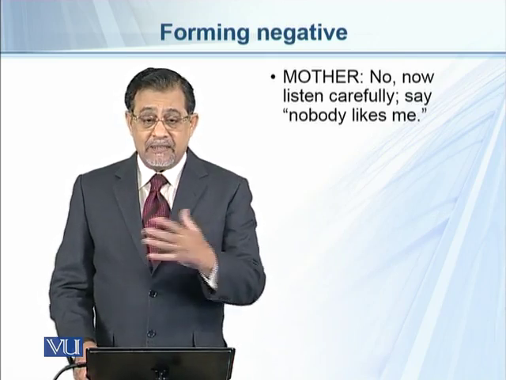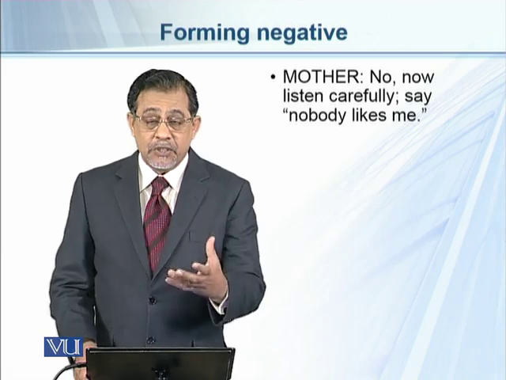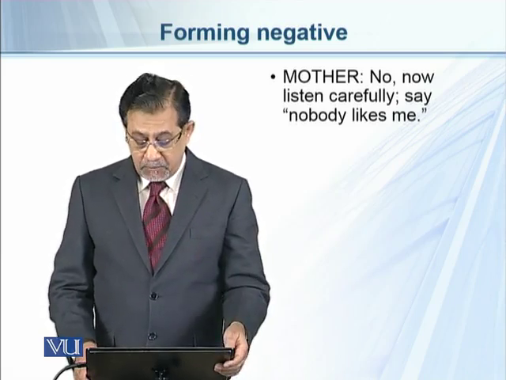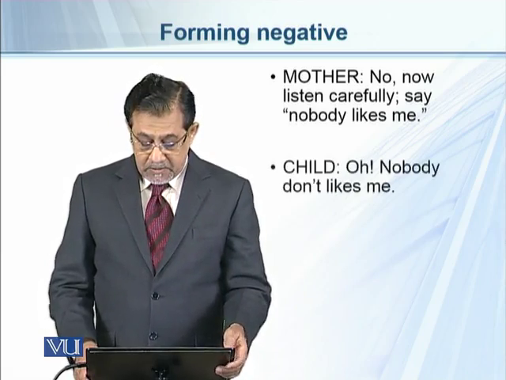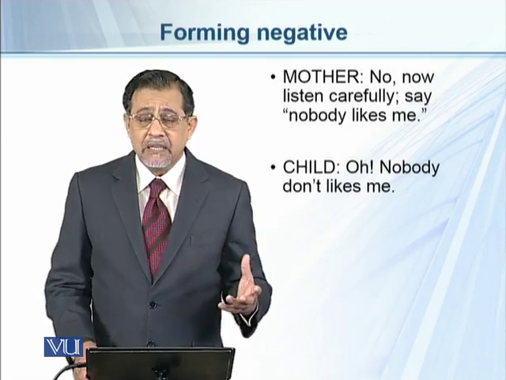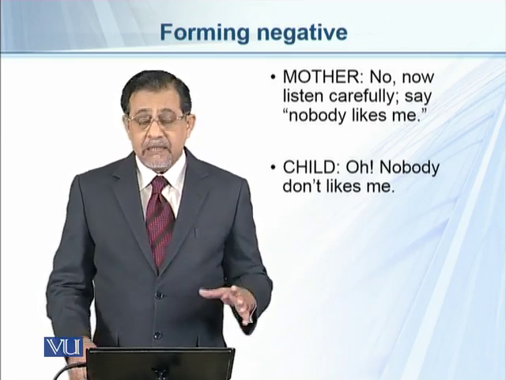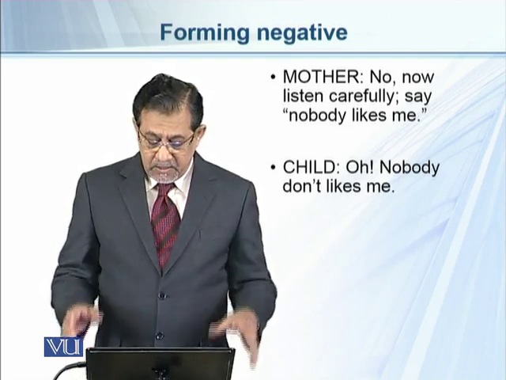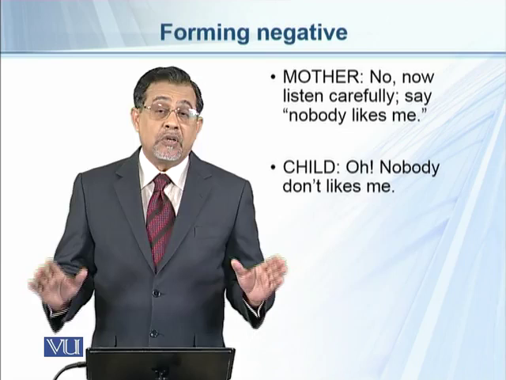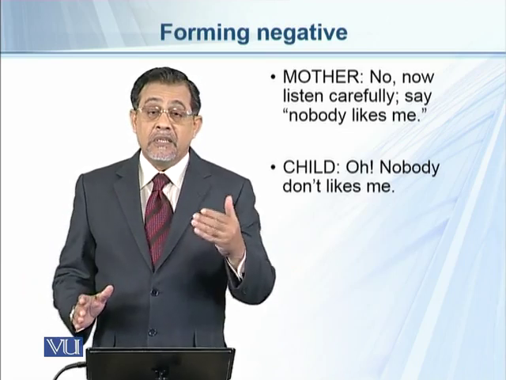The mother tries to teach the child the correct form, but the child seems to be persistent. Child: Oh, nobody don't likes me. So the child is still there, nobody don't likes me, and is not ready to follow the example given by the mother.